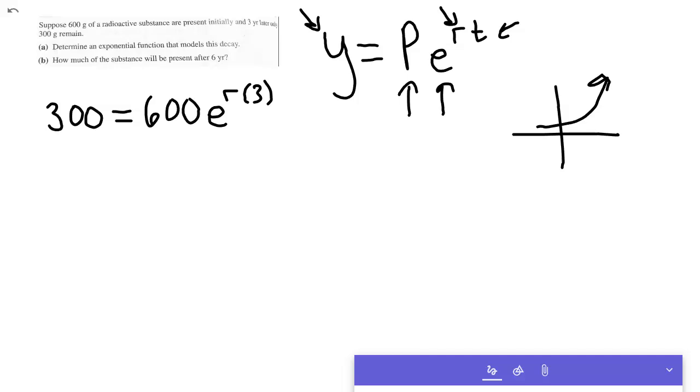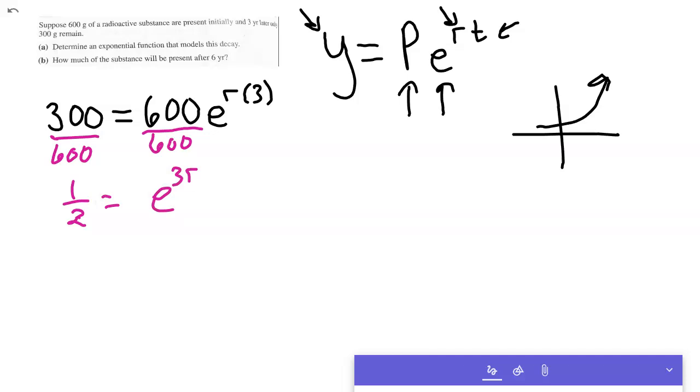And so if you solve this, you would divide by 600 to get that Euler number by itself. And so you'd have 1/2, it's 300 divided by 600, equals e to the 3r, just to rearrange that.